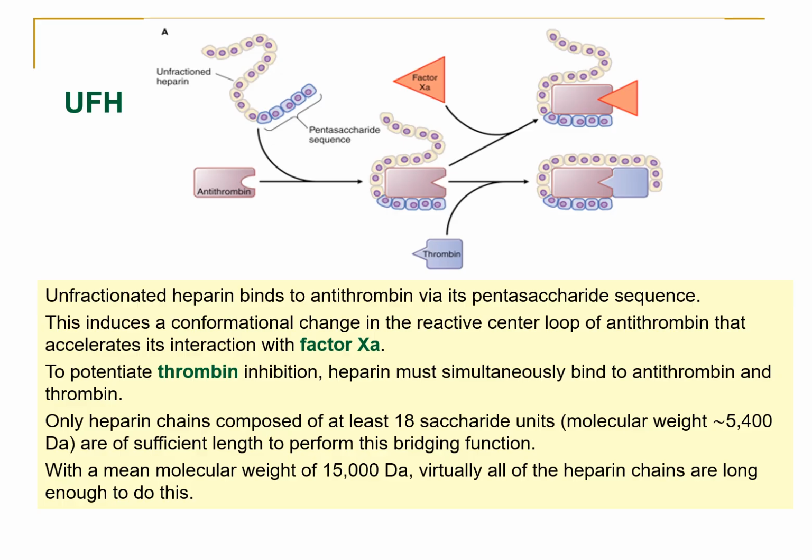For factor Xa, the mere fact of the pentasaccharide binding to antithrombin is enough. Now, unfractionated heparin, remember we said it's a mixture of glycosaminoglycans of different molecular weights, and the average is about 15,000, so it should be enough to inhibit both factor Xa and thrombin.